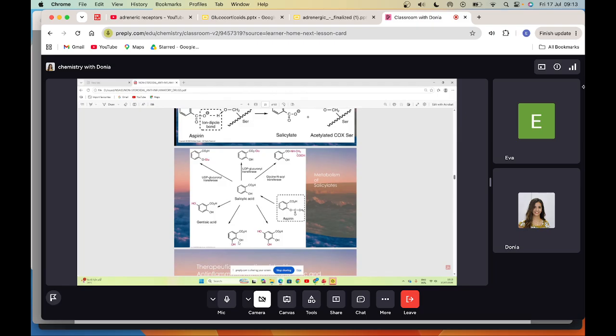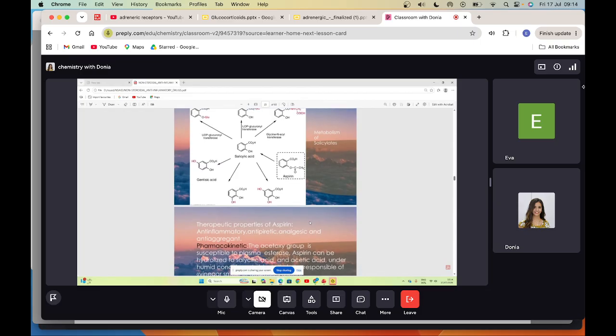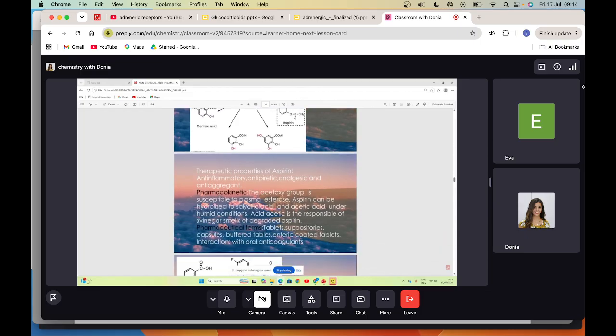It said para or ortho, but para happens more because the steric clash is less. But the ortho can happen also, or it can happen at the ortho and the para at the same time, but this is a minor metabolite. If anything is not clear, just stop me. I'm trying to study these slides with you.